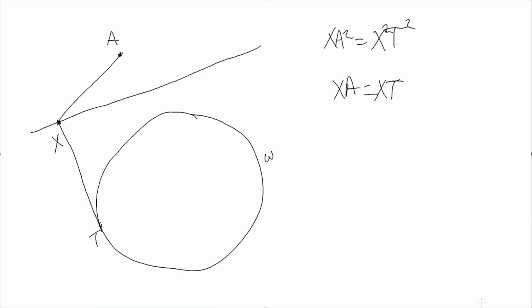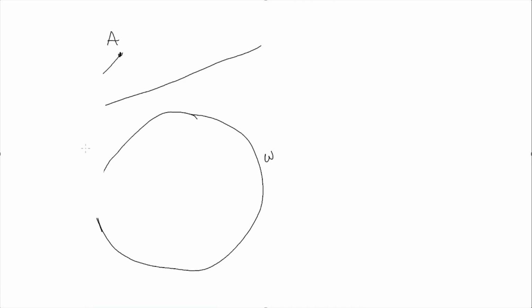In other words, the set of all points X such that XA is equal to XT, as shown here, is literally just a line. And if we want to further classify this line, we can do it as follows. In the case where A, X, and T all lie on the same line, then it becomes rather nice.